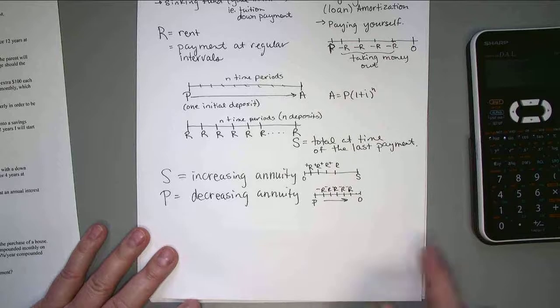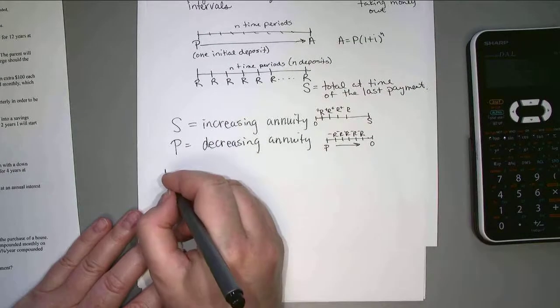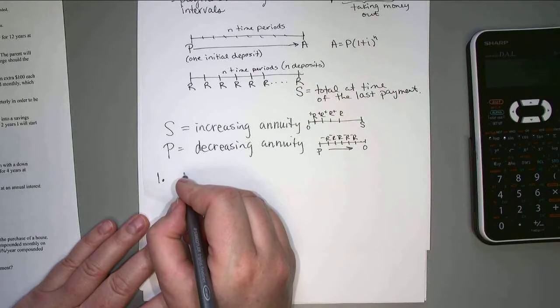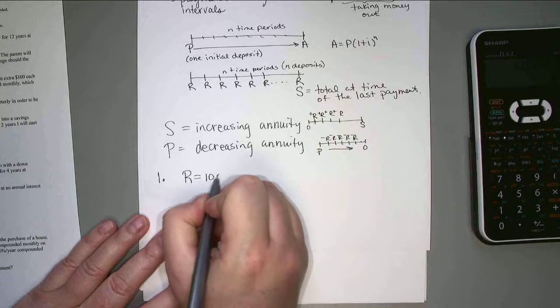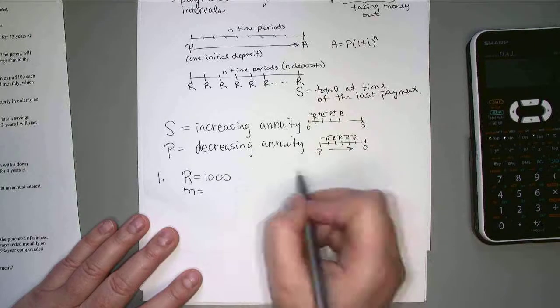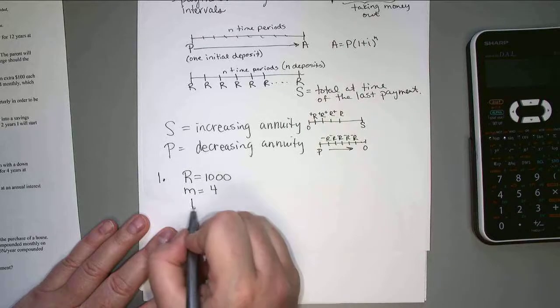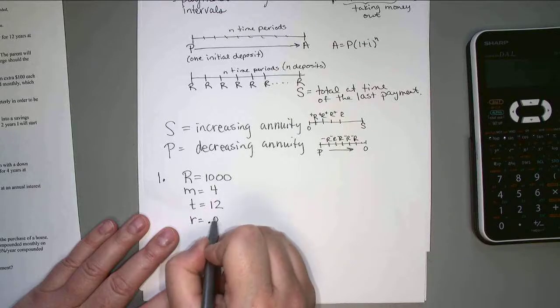So we'll do a couple of these questions. The first one on the sheet says Jane decides to deposit payments of $1,000 at the end of each quarter year. So the 1,000 is payments. So payments at the end of each quarter year. So that's 4 times a year, so m would be 4, for 12 years at 6% compounded quarterly.